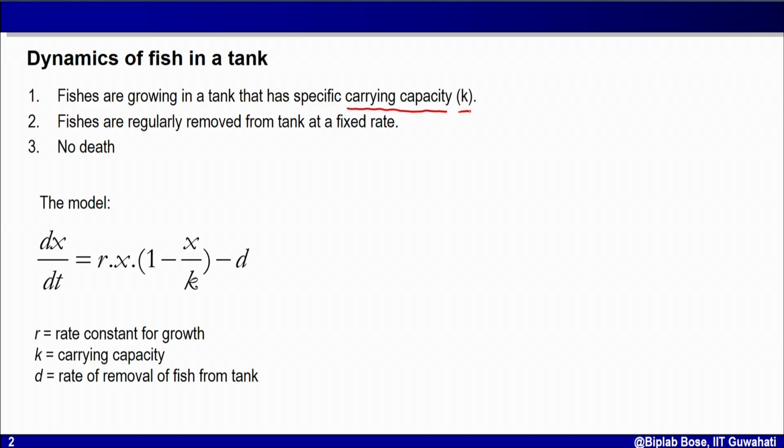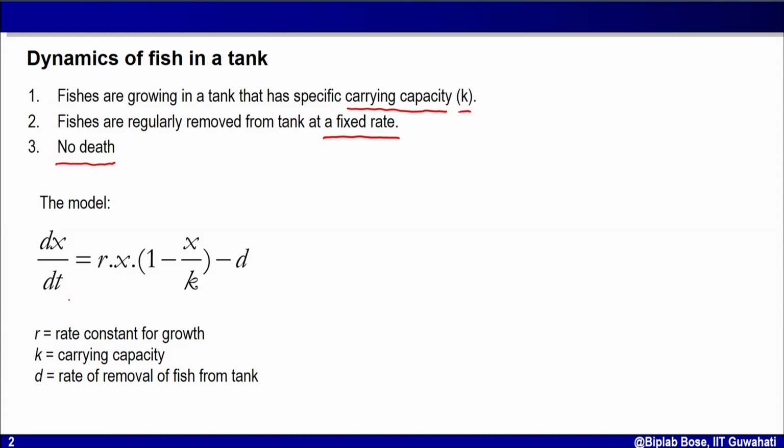Let us make another assumption that we want to sell the fish in the market. So we are regularly removing the fish from the tank at a fixed rate. And assume there is no death of the fish, lucky fish. So I can write an ODE to represent the dynamics of the fish in the tank as given here. X is the size of the population of fish.